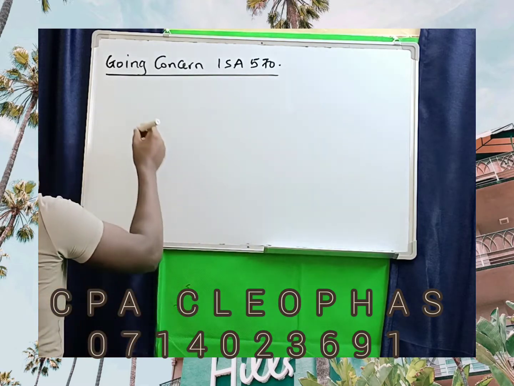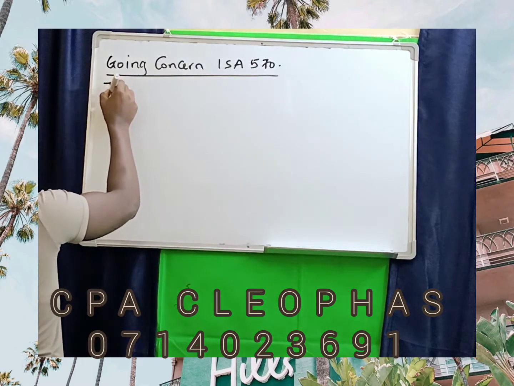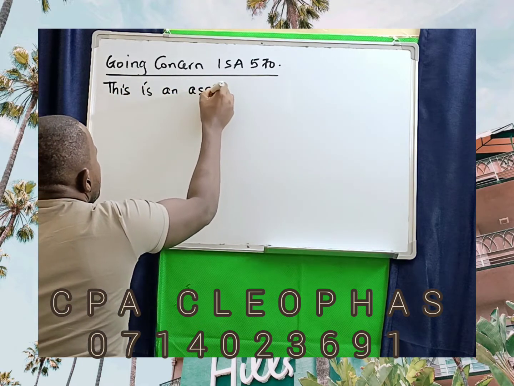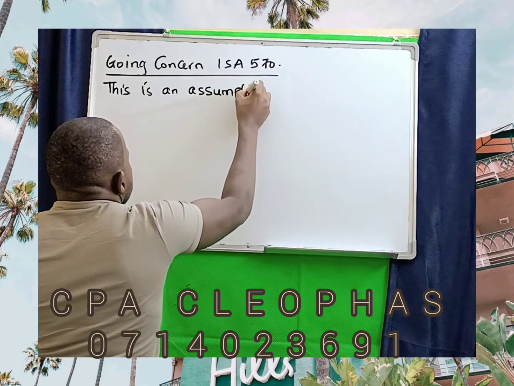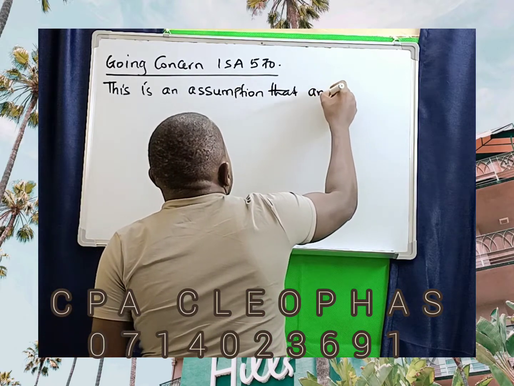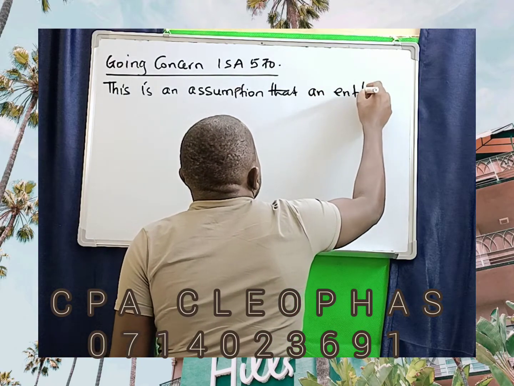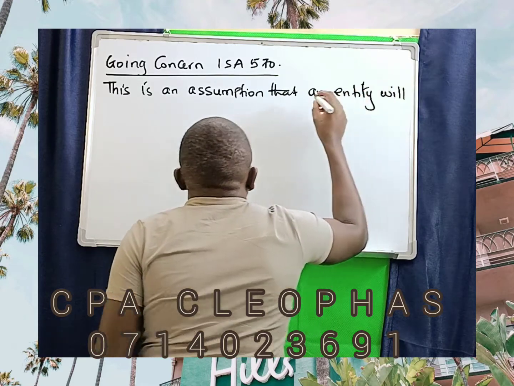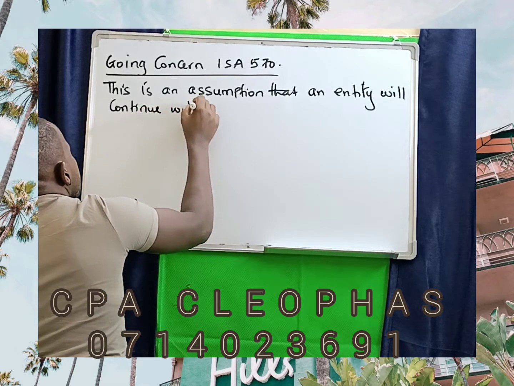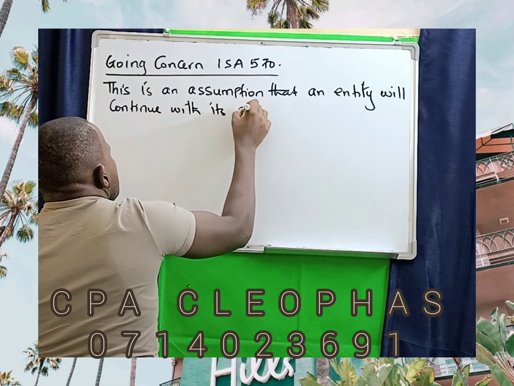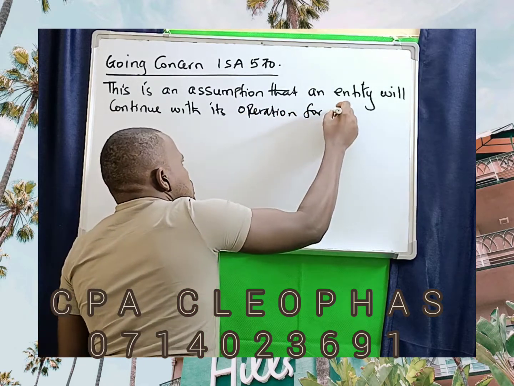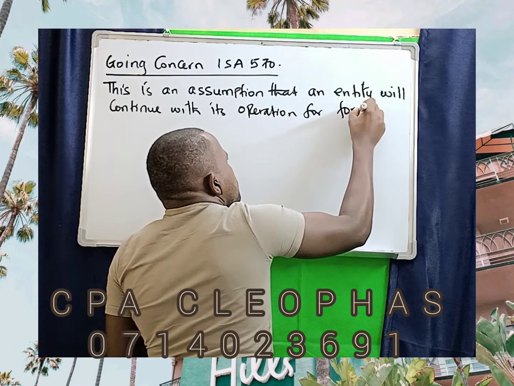So I can define this by saying going concern, it's an assumption that an entity will continue with its operations for the foreseeable future.